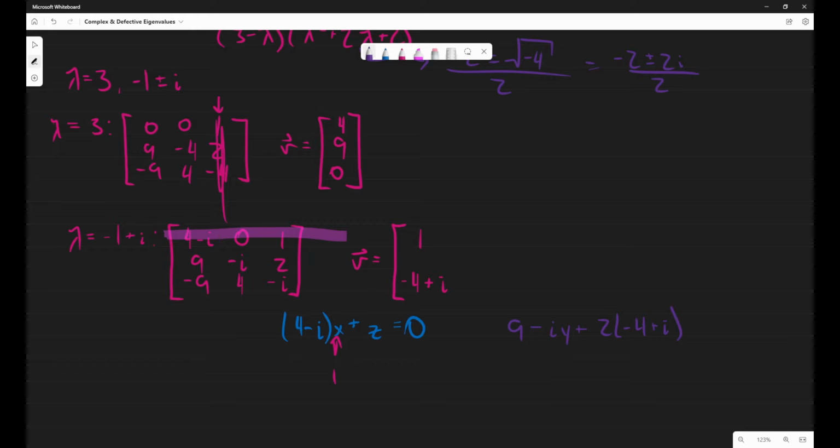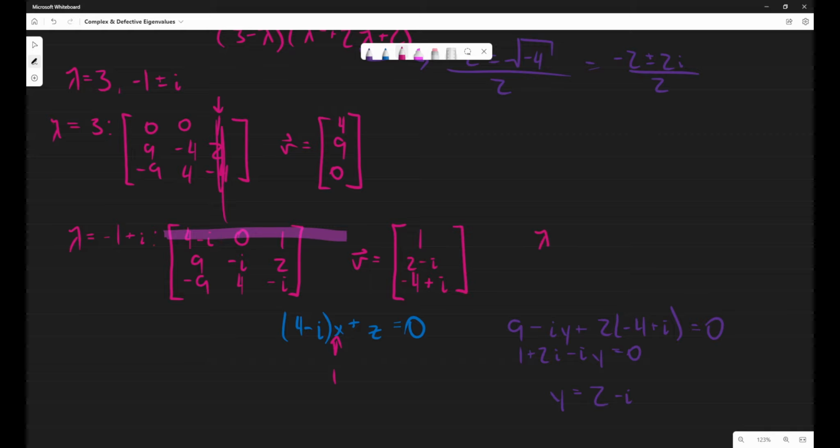So this will give us 1 plus 2i minus i times y is equal to 0. And so our y will be 2 minus i. So 2 minus i.